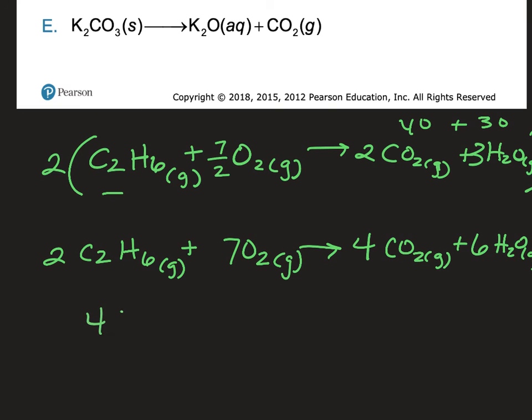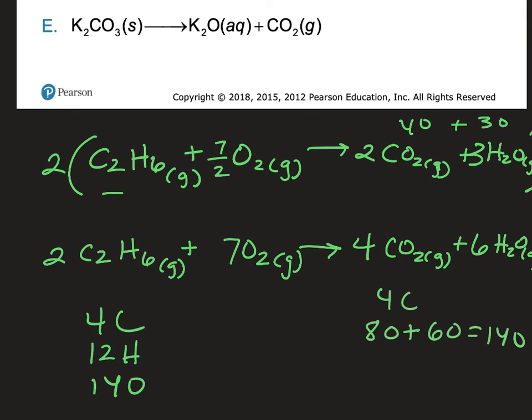So we have 4 carbons and 12 hydrogens and 14 oxygens on the reactant side. And then we have 4 carbons, let's see, we have 8 oxygens plus 6 oxygens for a total of 14 oxygens. And then we have 12 hydrogens.